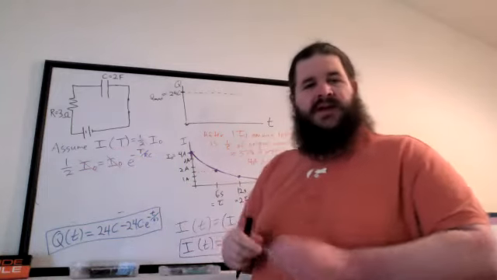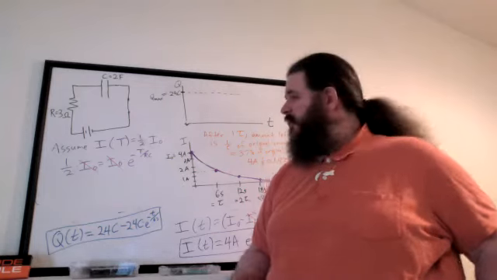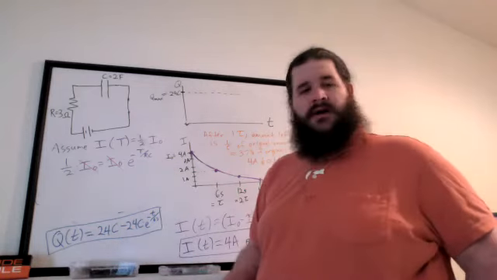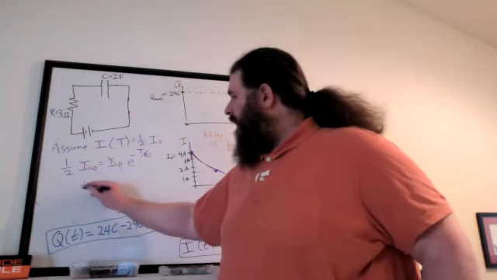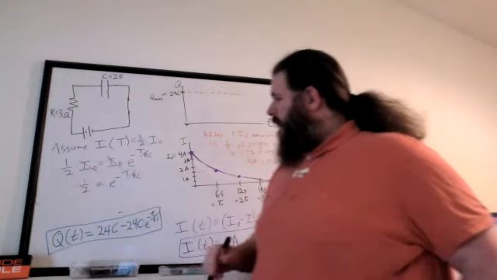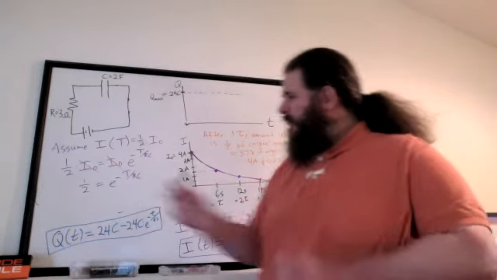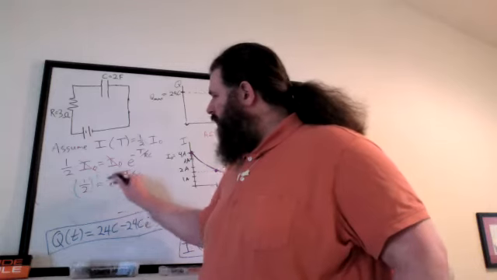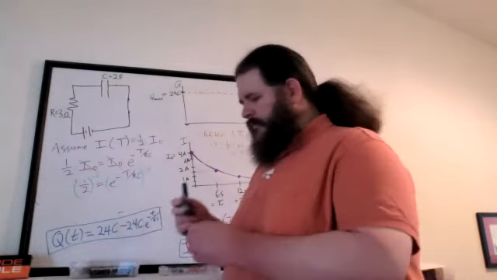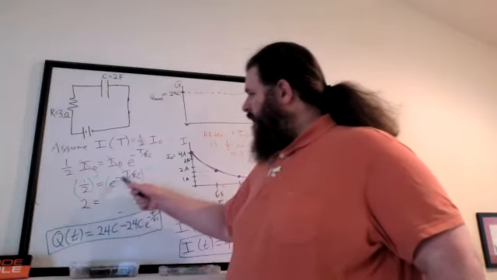Which is good because the time constant, or the half-life, shouldn't depend on how much we start with. It should just depend on the rate of change, the R and C. So 1/2 equals e to the negative t over RC. And to simplify things a little bit here, since we've got a fraction and a negative exponent, I'm going to raise both sides to the -1 power. So we get 2 equals, and then here the negatives cancel out.